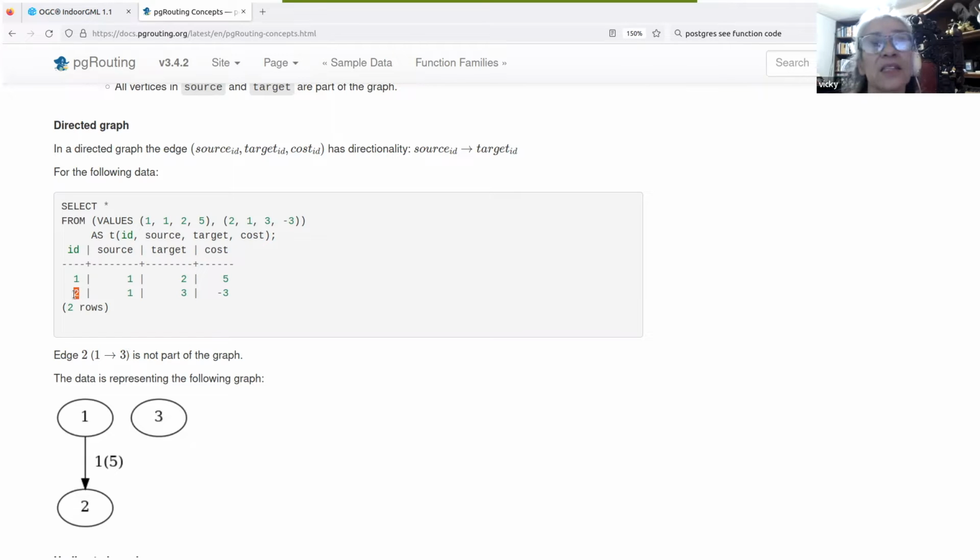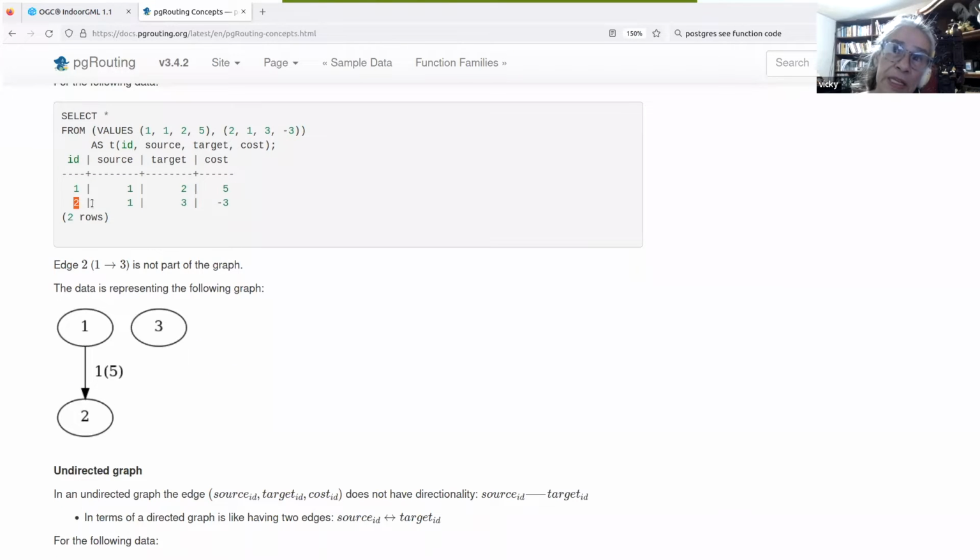The edge with ID 2 goes from 1 to 3, but it has a negative cost. That means that that edge actually does not exist. So you can see, for example, that this row basically is adding a vertex to the graph, but it's not adding the edge.